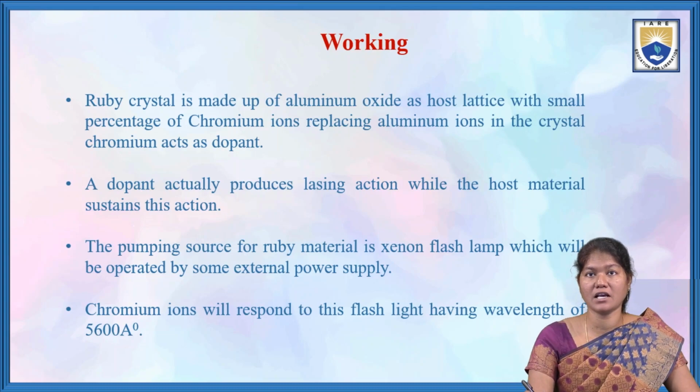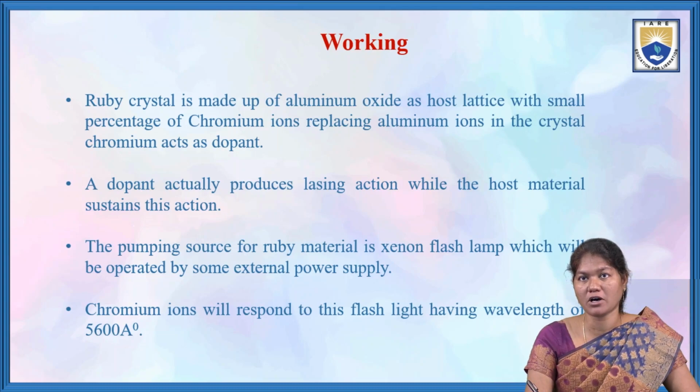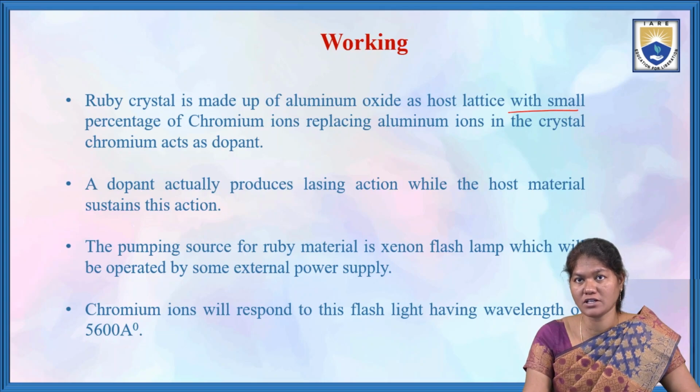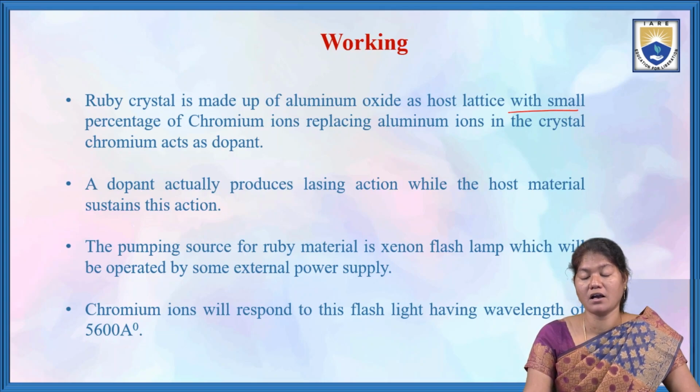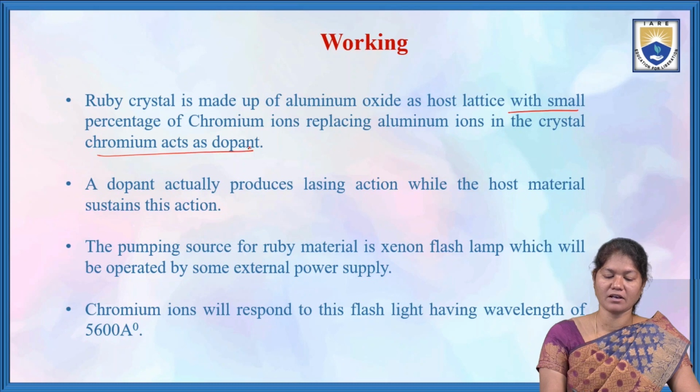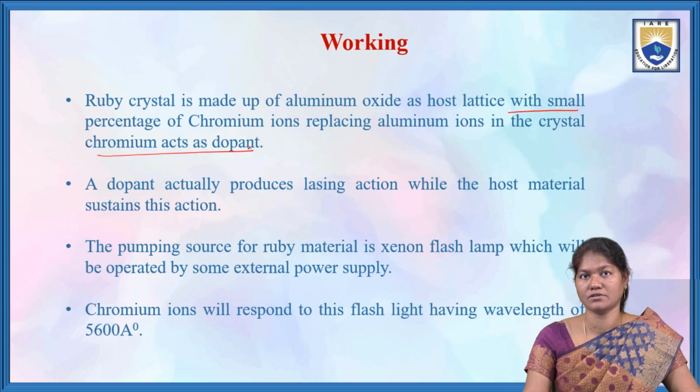Ruby crystal is made up of aluminum oxide as a host lattice, with a small percentage of chromium ions replacing aluminum ions in the crystal. Chromium acts as a dopant.